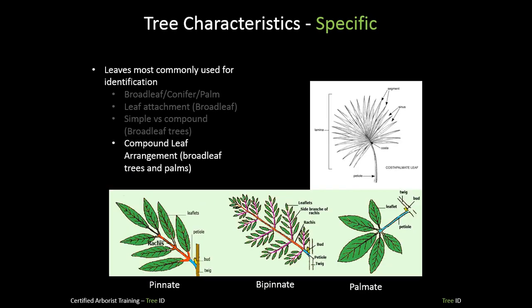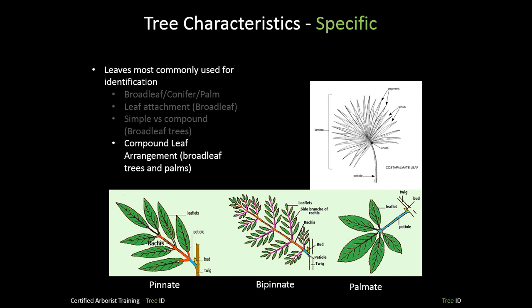And once you figure out what a leaf is, you need to know how it's arranged. Simple leaves have one arrangement, but compound leaves can have several different forms. You can have pinnate, which is kind of that feather-like shape on the left there.